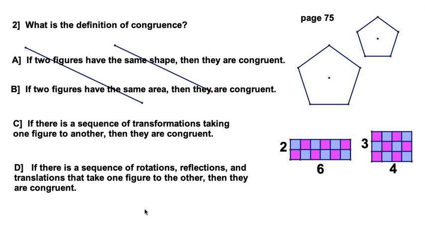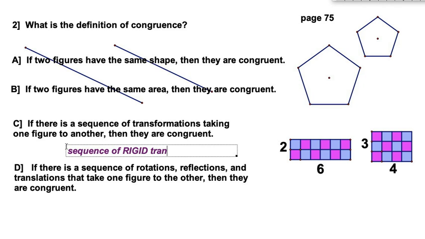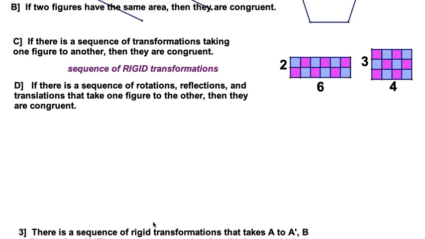Just know that it has to be a rigid, and I guess maybe that's the better way to put it. Put the word in there. Say a sequence of rigid transformations. And maybe that would be more specific. But anyways, I just thought that was a little fuzzy on the question. So let's go to the next one.